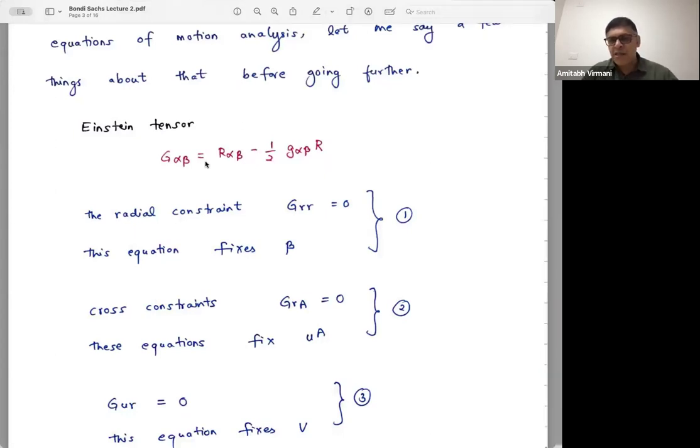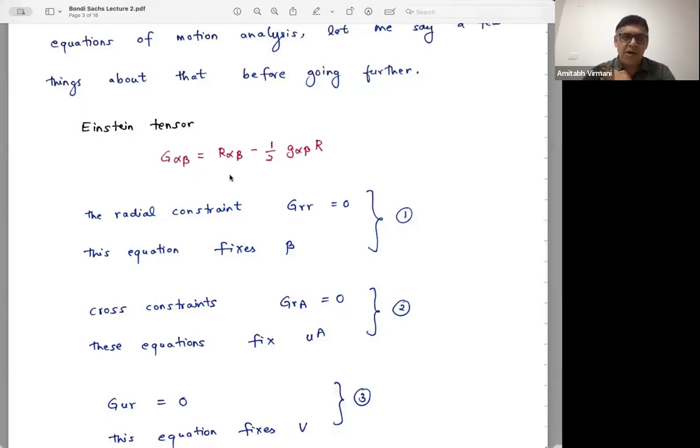If we analyze Einstein's equation in this particular order, then the analysis becomes sequential. You solve the first equation, then you solve the next equation, you solve the third equation, and so on. And if you do this in this order, the things are very simple. But if you just enter into Mathematica and find the total Einstein tensor, it will look completely hopeless, and it will not be clear how to even go about analyzing that expression.